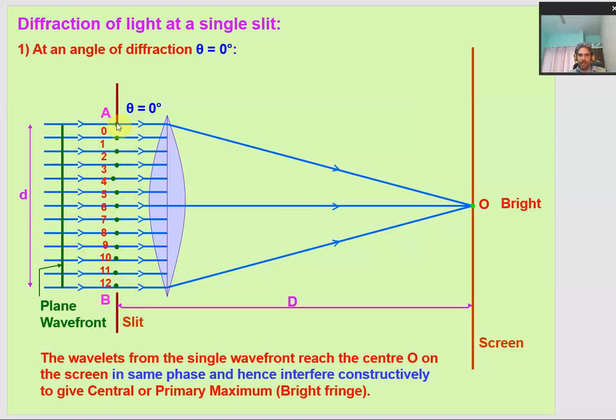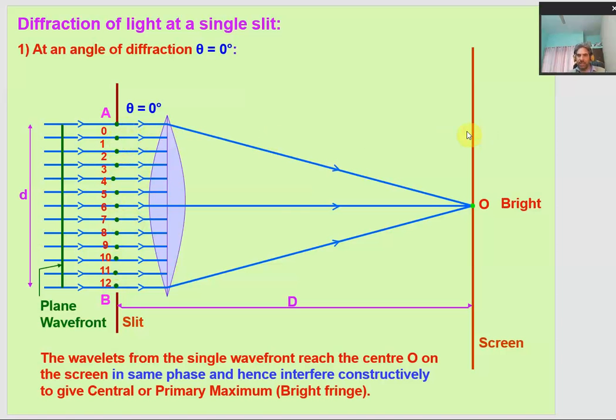The light coming from different sections of the slit interferes, and these light beams produce dark or bright fringes on the screen, depending upon whether they are interfering constructively or destructively.